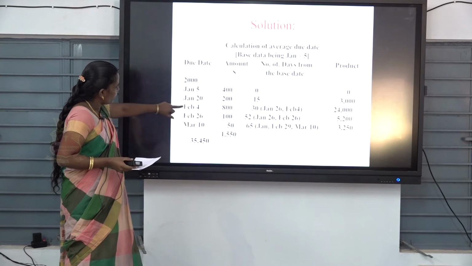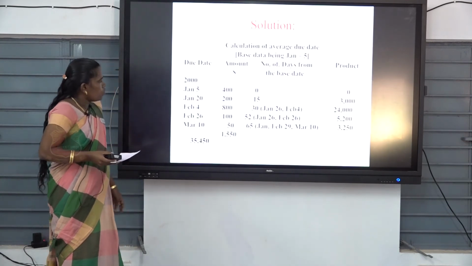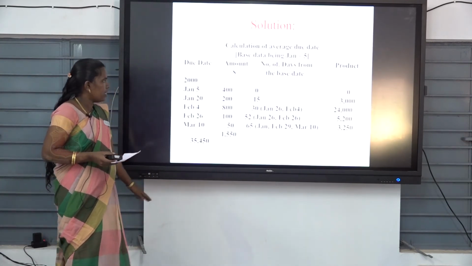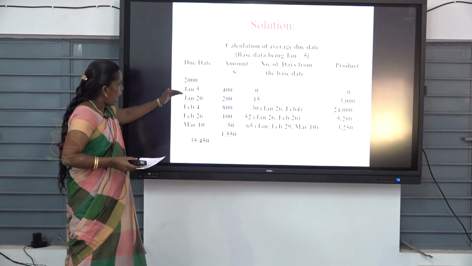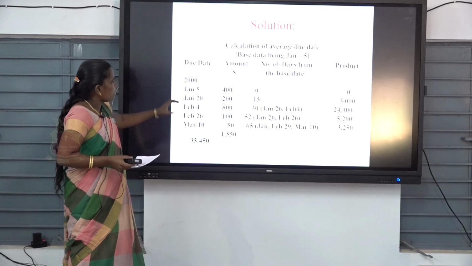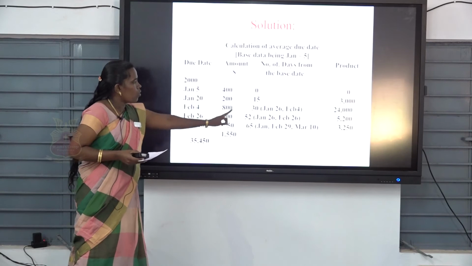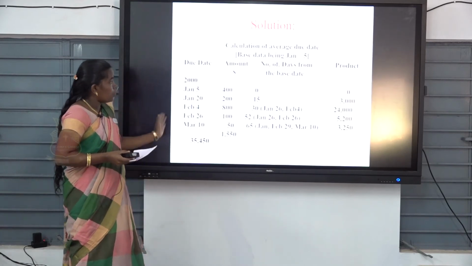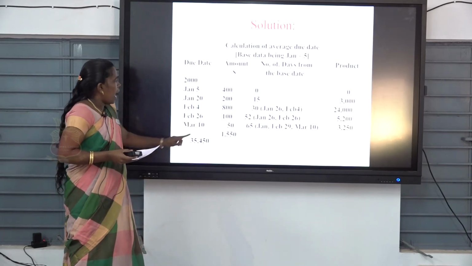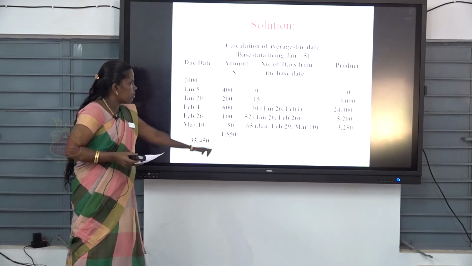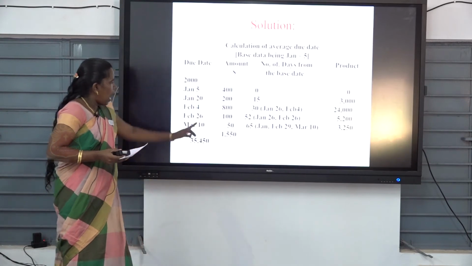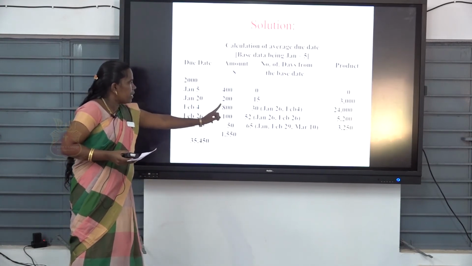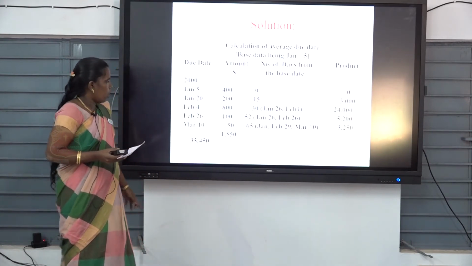Next, February 4, amount rupees 800. The number of days from base date January 5 to February 4: January 26 days and February 4 days, total 30 days from the base date. 30 multiplied by 800 is 24,000.